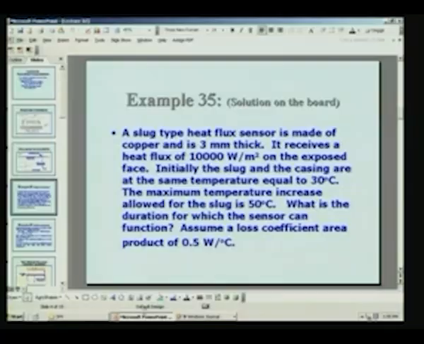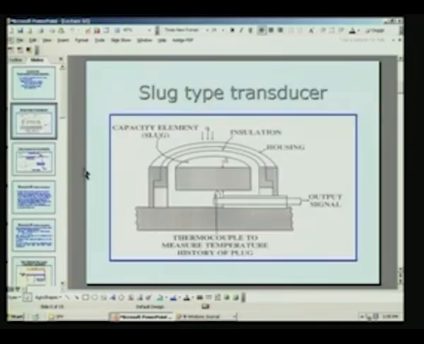So, with this background, let us look at the second part of the problem. In the previous case, if you remember, the slug was assumed to be thin, so that the temperature throughout the slug was the same at any given time. There was no variation of the temperature within the slug itself at any time t.